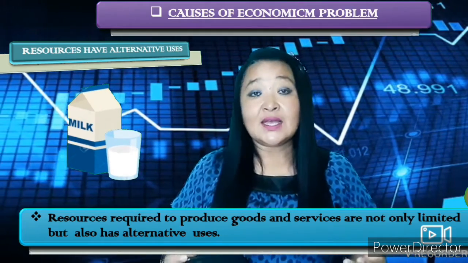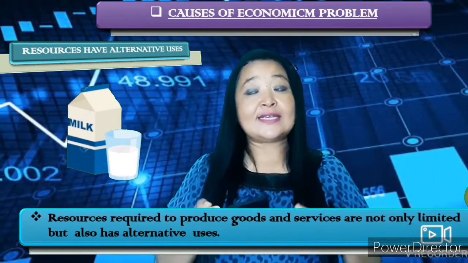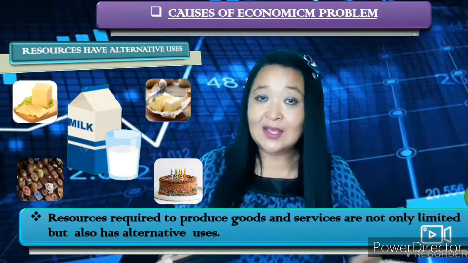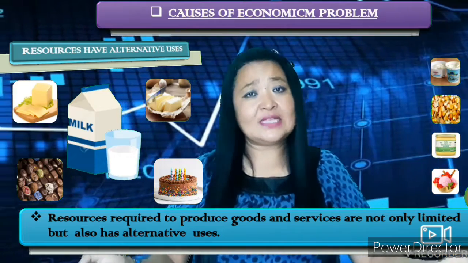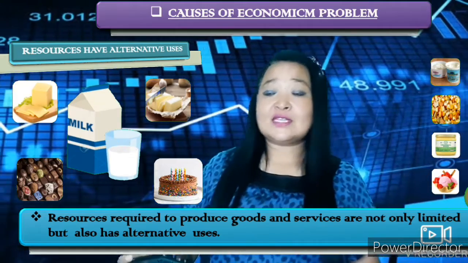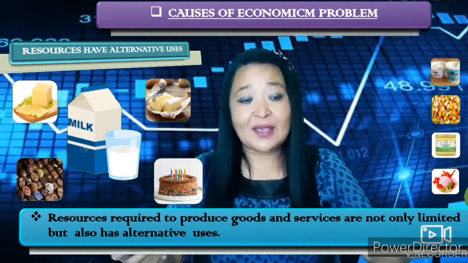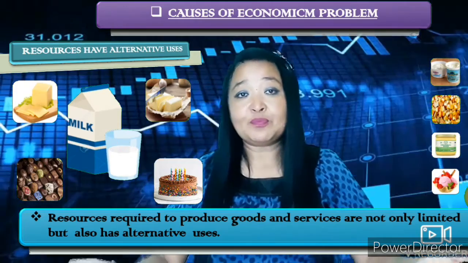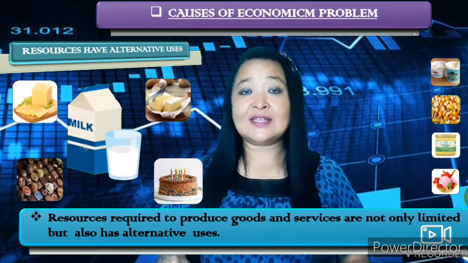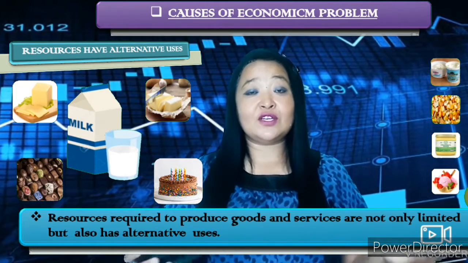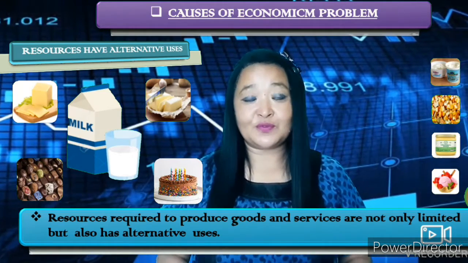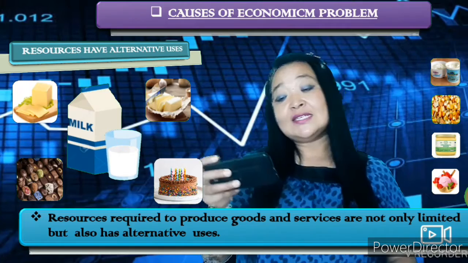Milk can be drunk as a whole, or it can be used to make cheese, butter, chocolates, or many such dairy products, right? So how will you satisfy the production of all these products with the help of one resource? So here also a problem arises, and you'll have to choose between these alternative products, which to produce first. Understood? So these are the three causes of economic problem.